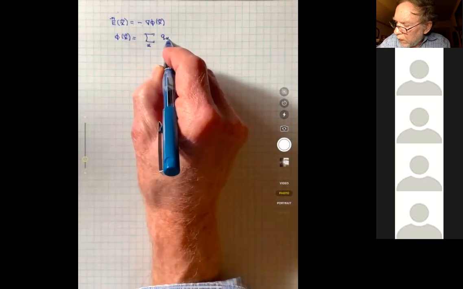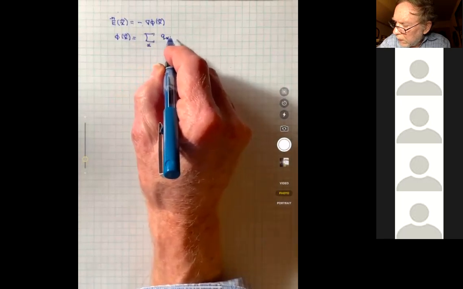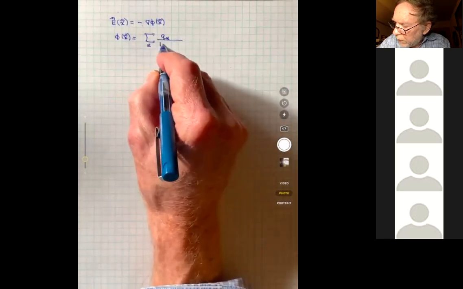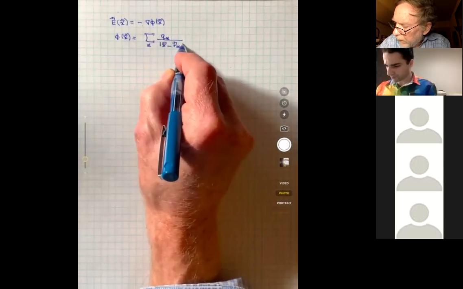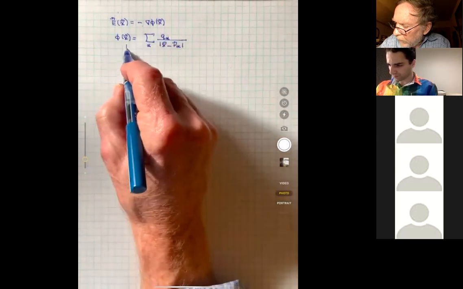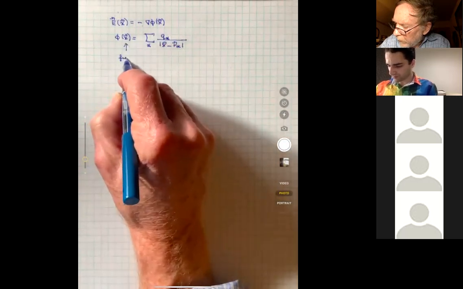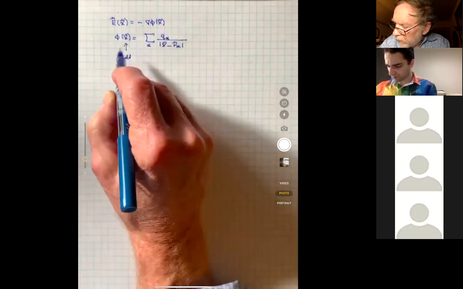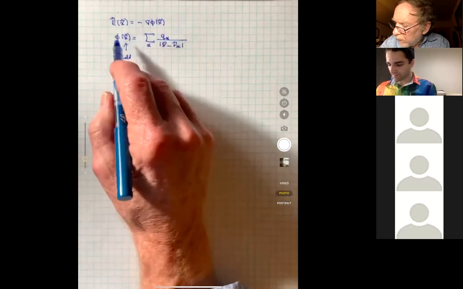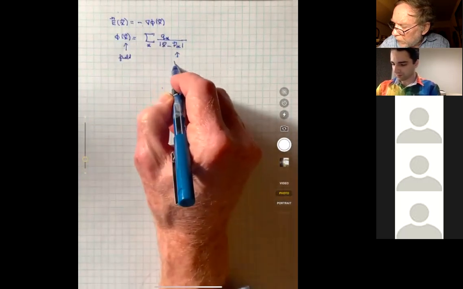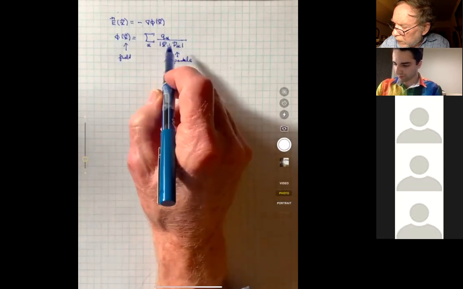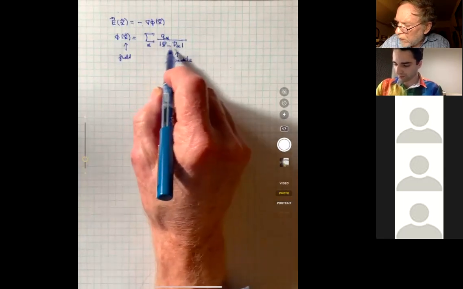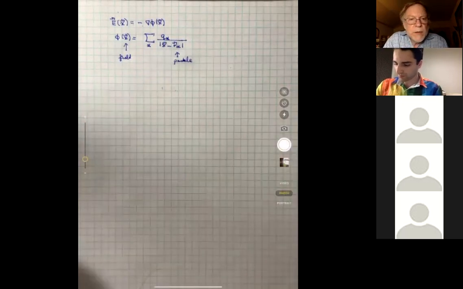We have the charge q alpha of the particle, and then we divide this by the Coulomb denominator of x minus r alpha. And the notation here is that x is the field point at which the field is being measured, both phi and electric field, and r alpha is the particle position for particle alpha, and q alpha is its charge. So here's the field point here. It's x minus r alpha, this denominator. So this is just Coulomb's law, is all it is.